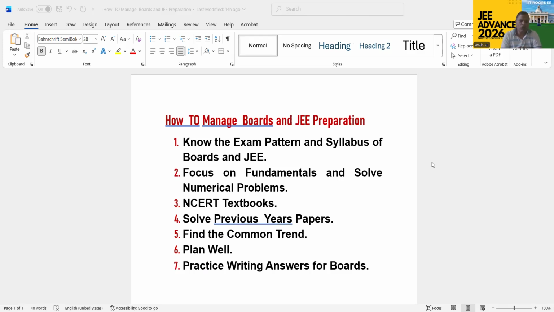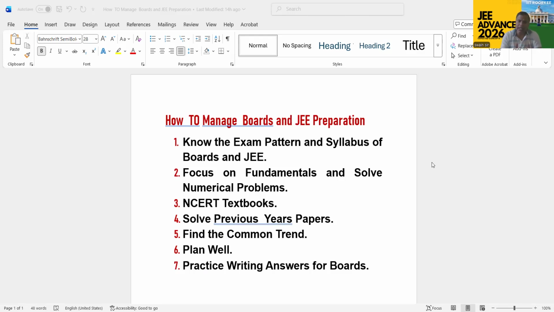First, most important part: juggling between the preparations of boards and JEE is often a daunting task. Boards are the subject knowledge based on the NCERT textbooks to competency based questions in the form of multiple choice questions, MCQ. Now, in case of mathematics in 11, 12, there are 20 questions in the section A in the MCQ.